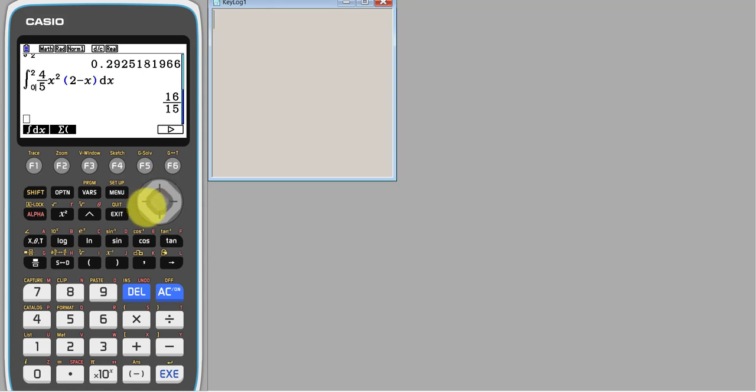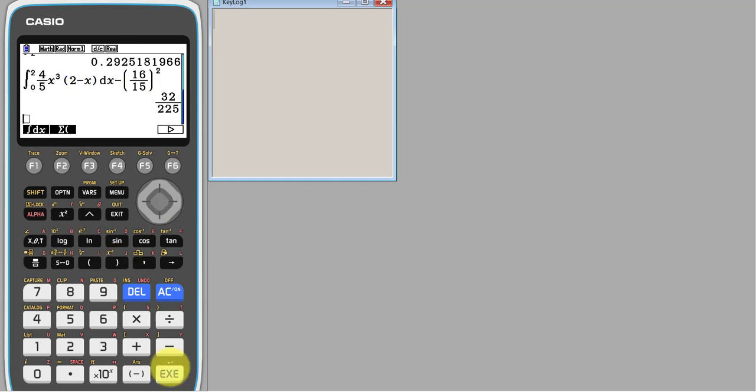I know that if I multiply by x squared instead of x, that's just going to create a cube here. And of course I need to subtract from that 16 over 15 squared.